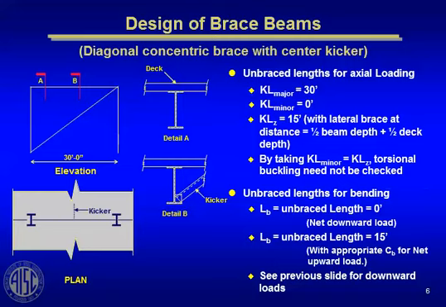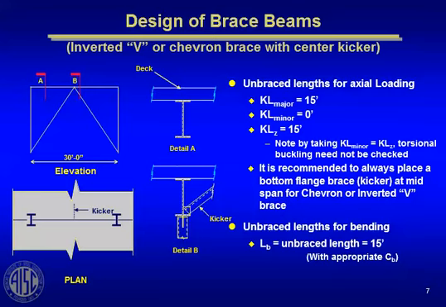You've got to be careful when you design these brace beams and what assumptions your post-processors might be making, or what assumption you're making if you design it by hand. In the case of this chevron brace, KL major is 15 feet, because the brace itself is bracing the beam. KL minor again is 30 feet, or 0, assuming we have a slab.